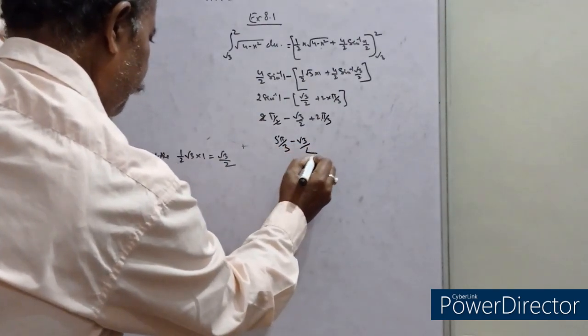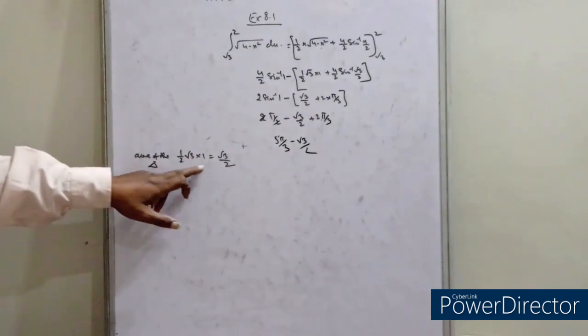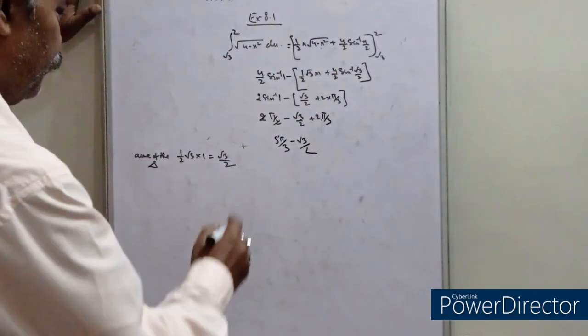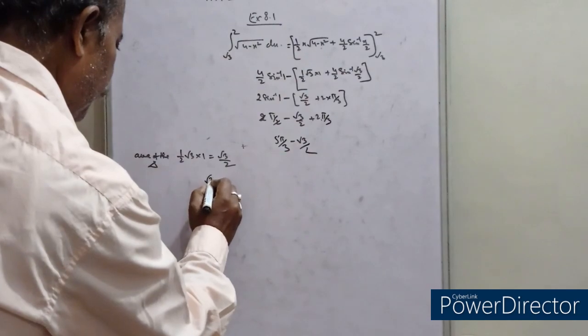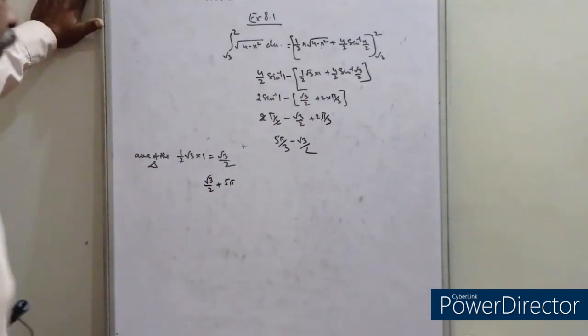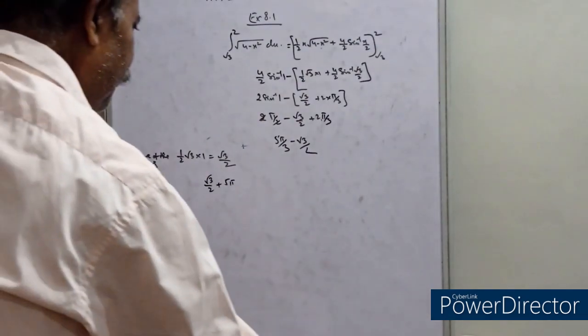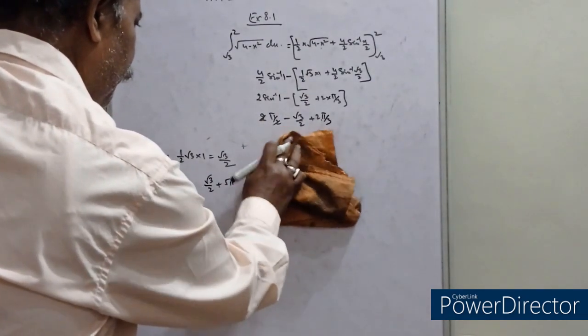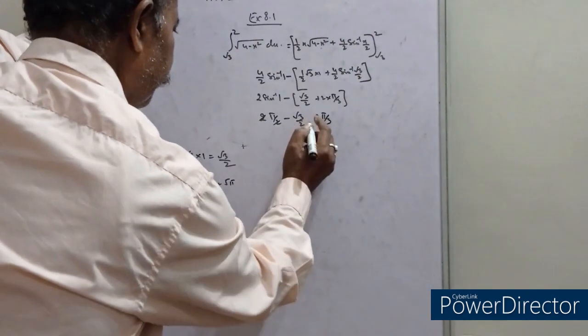So 2 cancels out. So pi plus pi by 3 will be equal to 5 pi by 3 minus root 3 by 2. So the area of this triangle plus this will be equal to root 3 by 2 plus 5 pi. One minute. There is a slight mistake here because this will be minus.